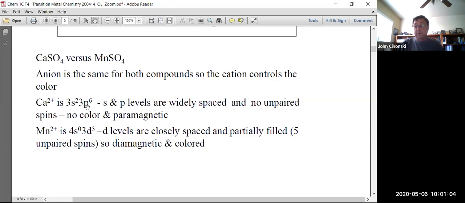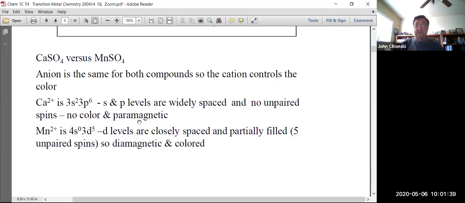So the highest energy electrons it has are in the next shell back, which would be the 3p6. Now, if we look at the characteristics of that compound, we find it is not colored. If it is in solution, it looks clear, colorless. If it's a solid, it will appear white, and it is what we call diamagnetic. If we take a magnet, it won't do anything.